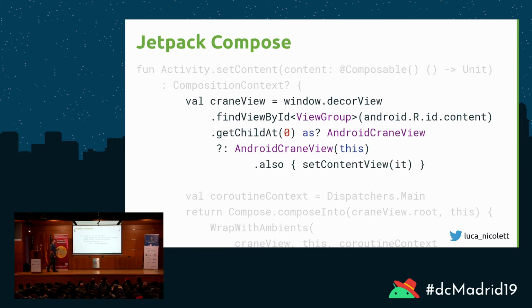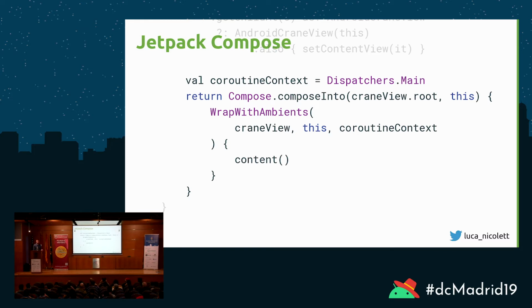What it does is really simple, even if the code is not so easy to read. It retrieves the content inside the main view of the activity and calls the old-fashioned setContentView to set the content as the main root view of the activity. Then it runs the composable function received as a parameter inside this root view, making it the main view of that activity.